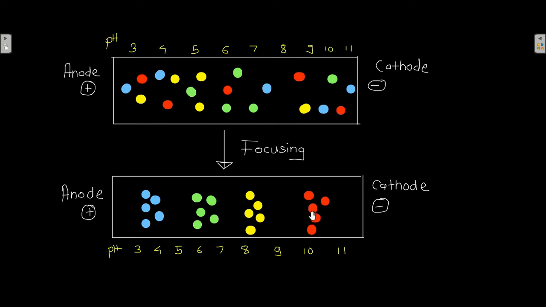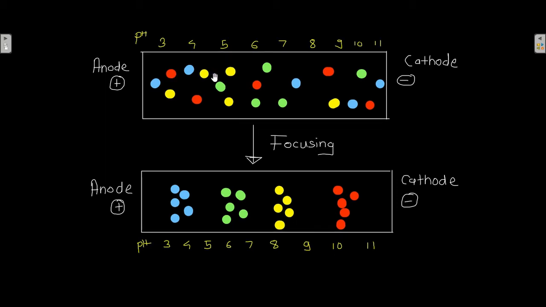Even if these proteins have very similar molecular mass, they have different isoelectric points, and that is what allows you to separate them. That is the whole point of two-dimensional gel electrophoresis. So a mixture of proteins is placed in the pH gradient, and this pH gradient is then placed in the electric field.